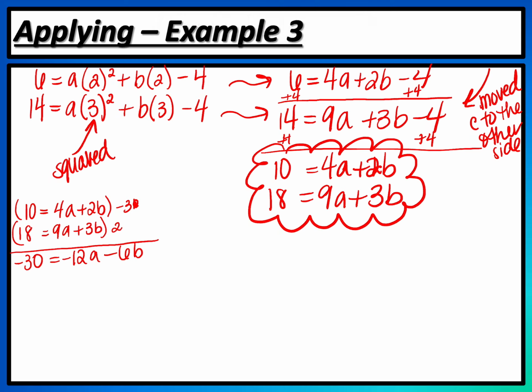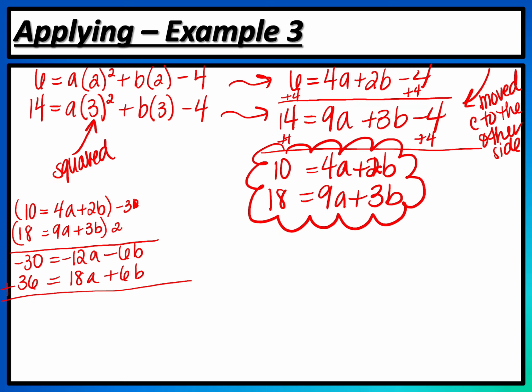Okay, so I'm multiplying that all the way through. And then a 2 to the second equation. And we see by doing that, I end up with a -6b and a +6b. So you could have gone for the a, and you still would have gotten the same answer. Okay, you would have just multiplied by something differently.